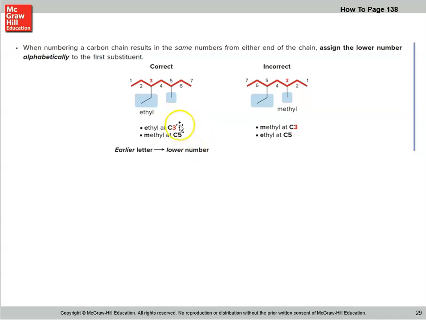If they're equivalent, so we have 1, 2, and 3 methyl, 4, 5 ethyl, we want to give the lowest number to the alphabetically first substituent. Ethyl is alphabetically before methyl, even though it's longer than the shorter one. It's about the alphabetical nature of the name versus how long that chain is.